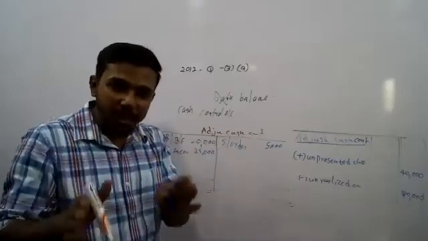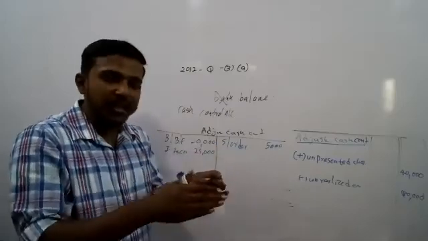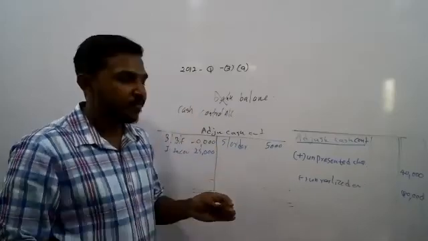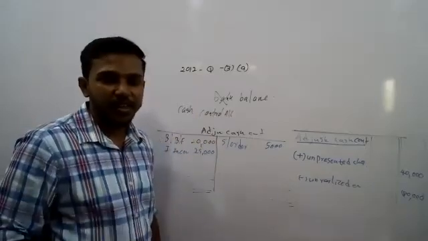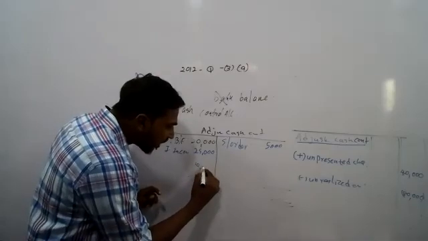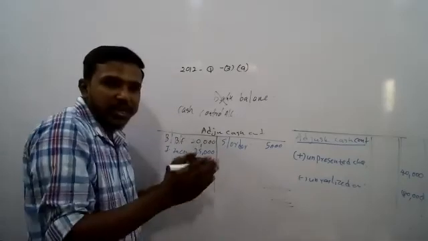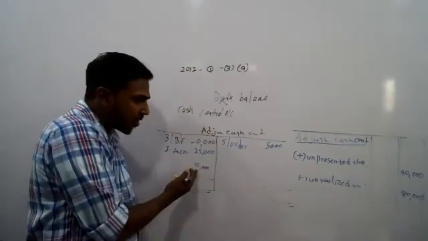Accounting treatment is based on whether it's a check you sent for payment or a check sent for deposit. This is a check that you sent for deposit. Once you send it for deposit, that means we receive a check, so it's a debit receipt.